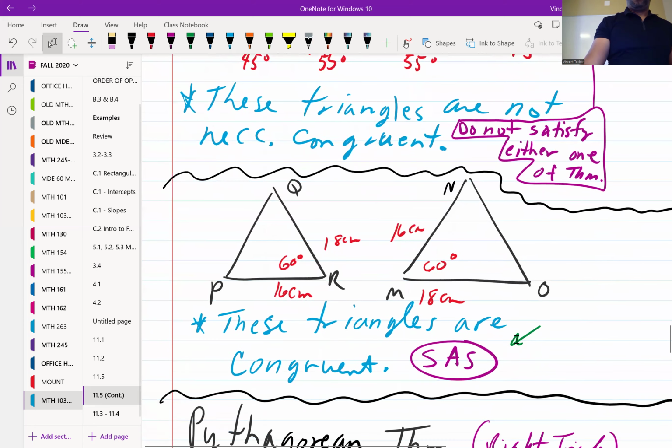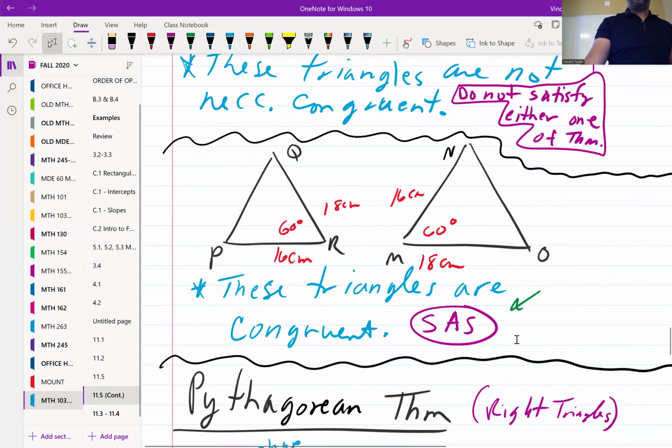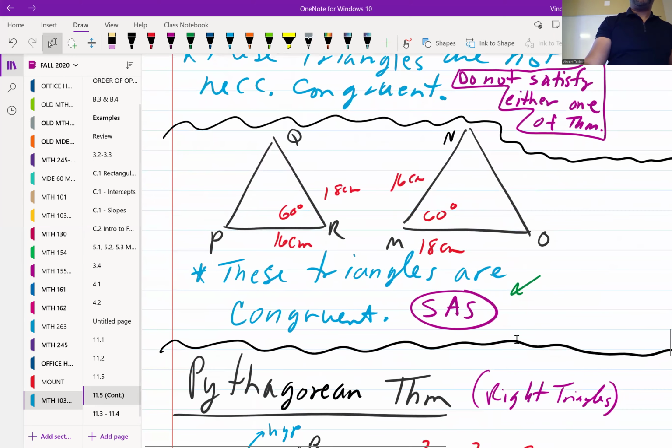Oh, I forgot about one more thing, the Pythagorean theorem. I know that's the last thing.